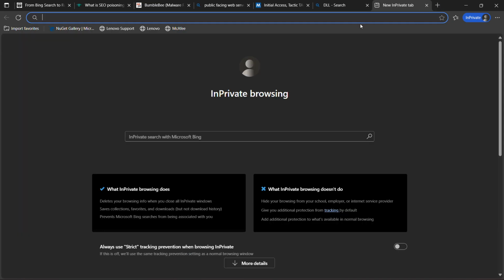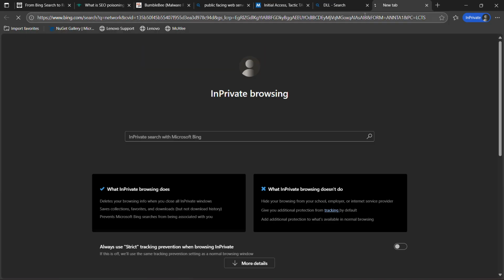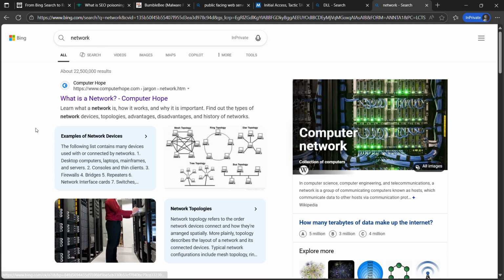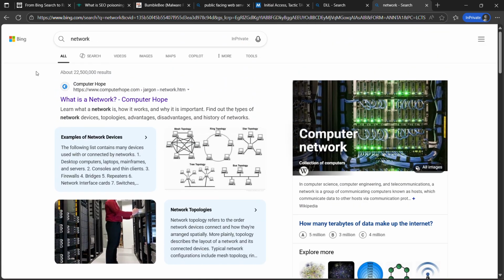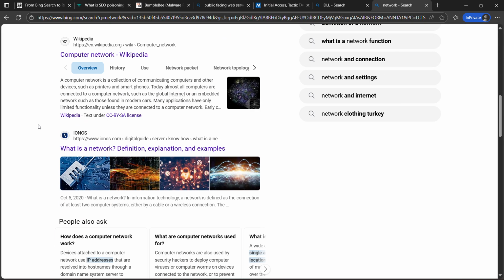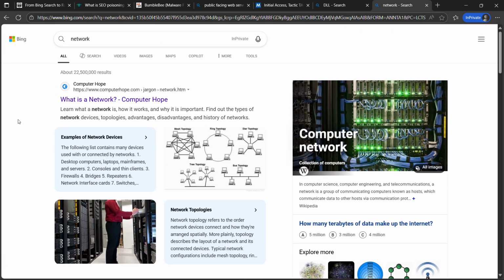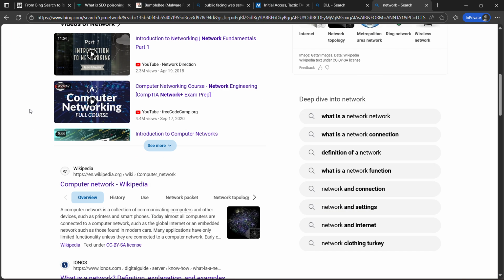If you search something in Google, let's say network, normal people click on the topmost result because it looks like the most correct one.